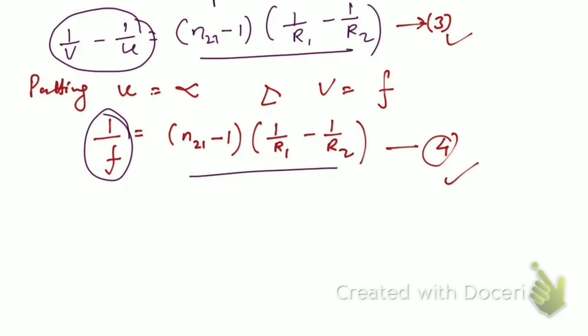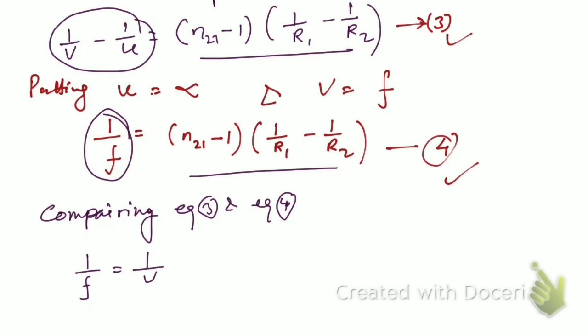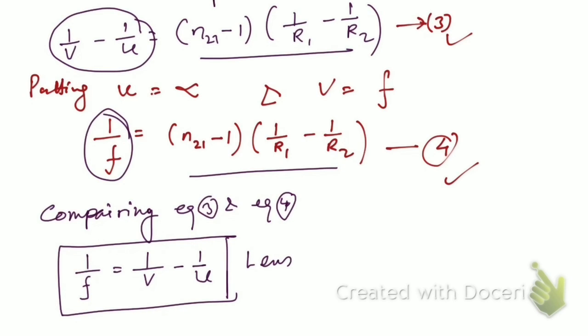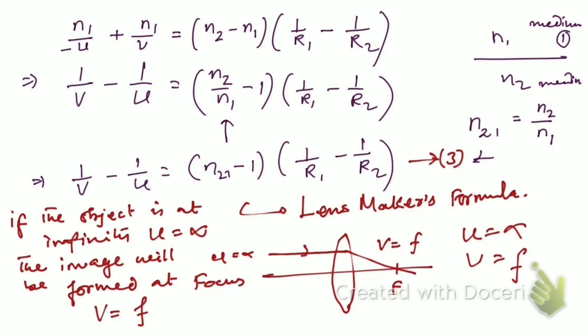Comparing 3 and 4, we're going to have 1 by f is equal to 1 by v minus 1 by u. This is the lens formula, and equation number 3 was the lens maker's formula. So hope you have understood this.